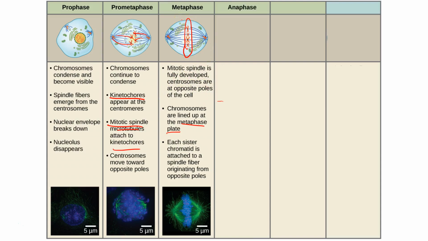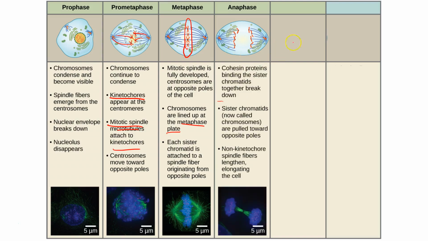And then as soon as they're all lined up and they're all attached, the very next part is the anaphase, and that's where the sister chromatids are pulled apart from one another. What's happening is that these microtubules are disintegrating, and that's going to be pulling the chromosomes back towards the centrosome.